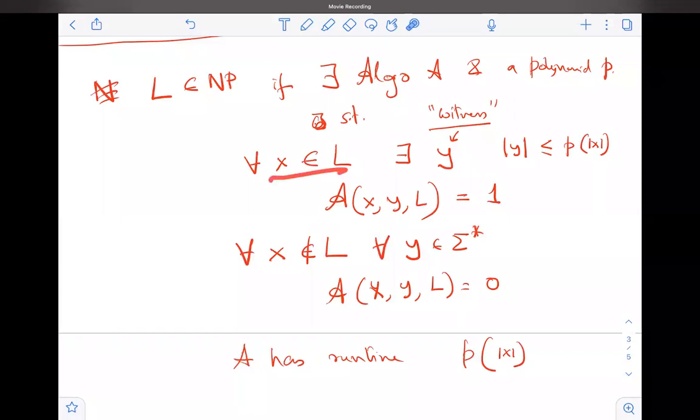If x is in L, there exists a witness, not all witnesses, but some witness can be given such that the algorithm is going to accept it. Good, you have convinced me that x is in L. But if x is not in L, then irrespective of whatever way it tries, it is not going to convince it.